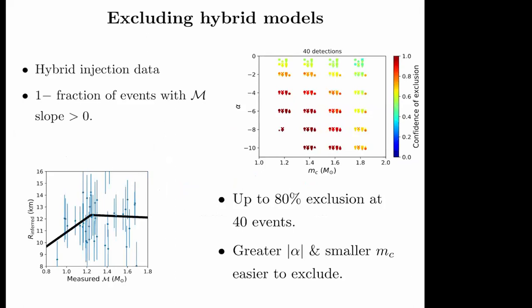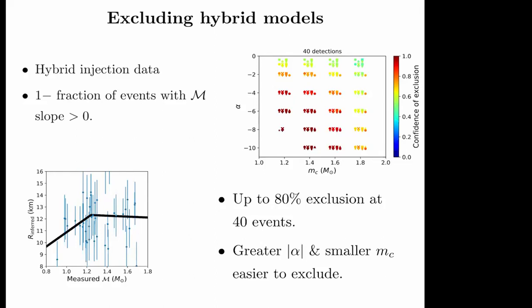So the first thing we're going to do is inject into our simulations hybrid injection data that has significant kinks in it. What I'm plotting on the right-hand side here is 1 minus the fraction of events that have the rightward slope in this piecewise linear fit being positive.